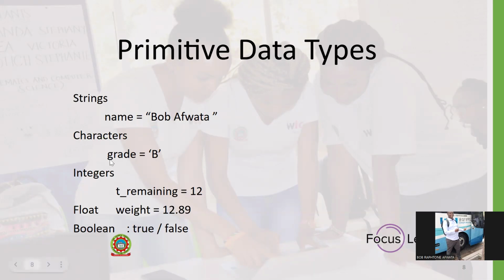Then there are characters, grade is B. Characters are the alphanumeric characters. We have the alphabetical letters, the numbers 0 to 9, and then the special characters like in the keyboard, ampersand, the @ sign, exclamation mark, all those. And then the special ones from various languages, Chinese, Korean, Indian, all those are special characters.